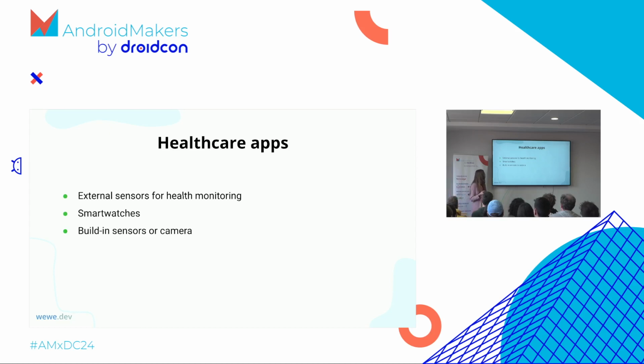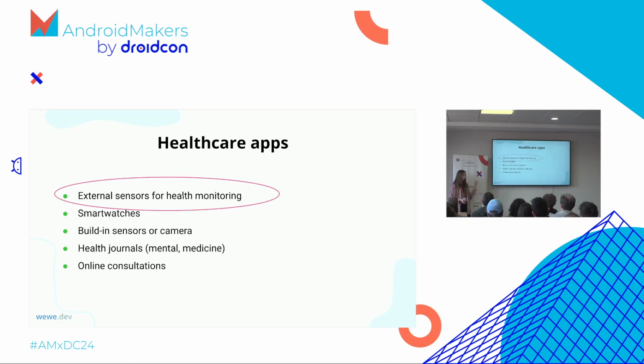We may also use the built-in sensors of cameras to monitor our health, and healthcare mental journals and any other journals that assist our medical treatment are also considered healthcare apps. Also, apps that help us schedule a consultation with a doctor or any specialist are medical apps. Today, of course, we will focus on the first area because this is the topic about Bluetooth Low Energy.